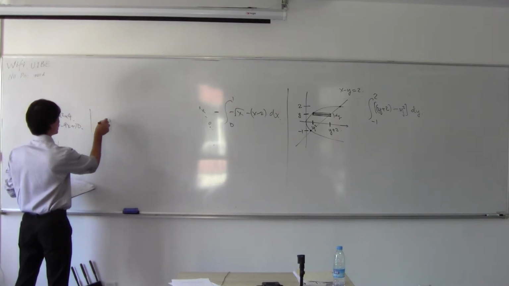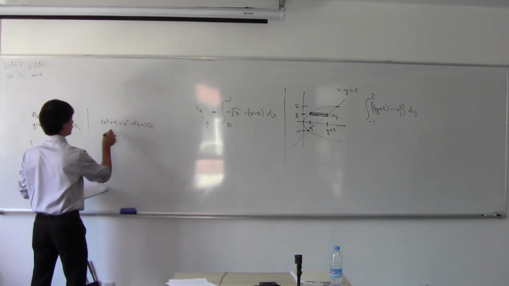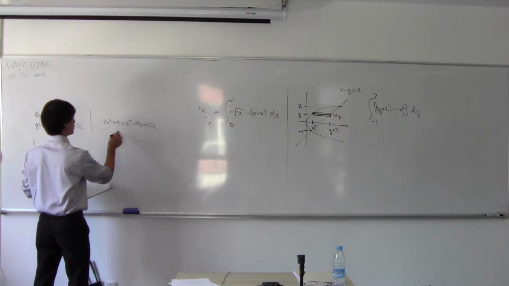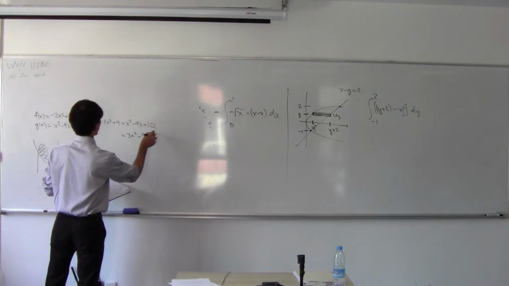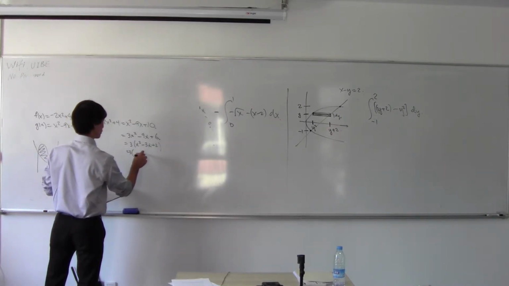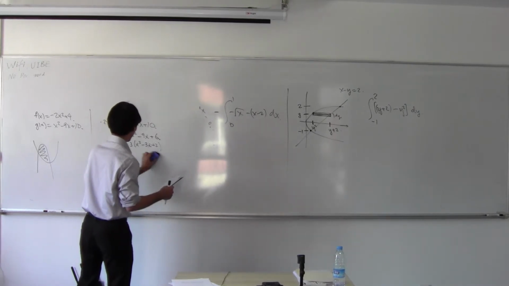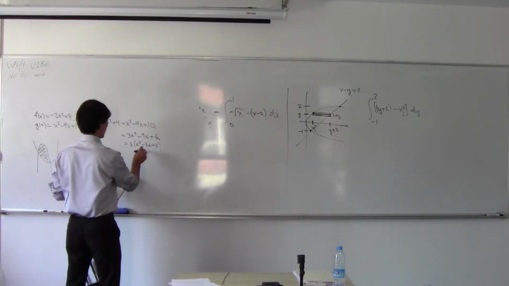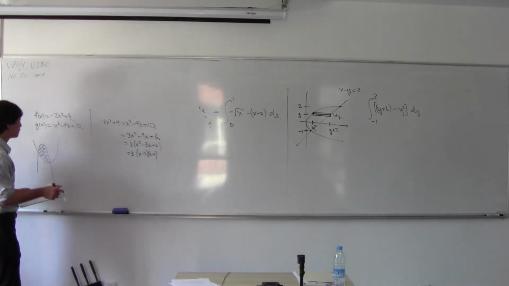You set these things equal to each other, right? What do you get? x minus 2, x minus 1. And so between 1 and 2.